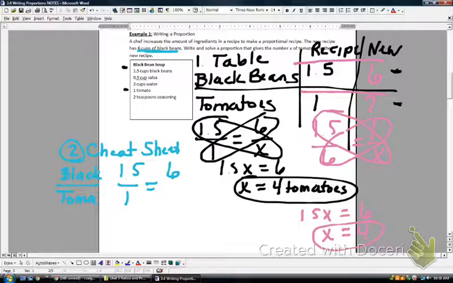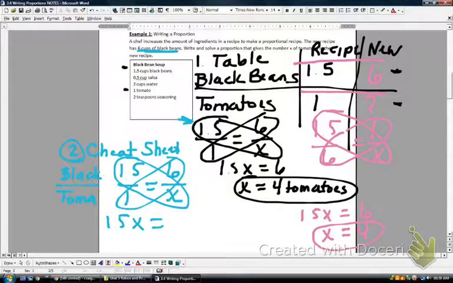So this is where I need to be careful that I get it in the right spot. So black beans is on top, so 6 is on top, and then tomatoes is what I don't know. And you can see it's the same proportion as this one right here. Cross the equal sign and multiply, and I get x equals 4 tomatoes.